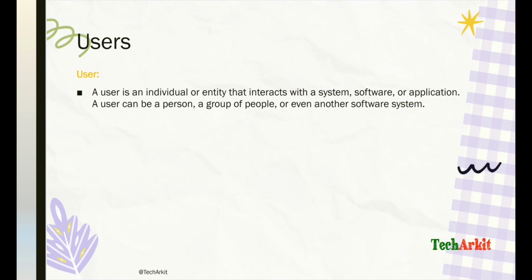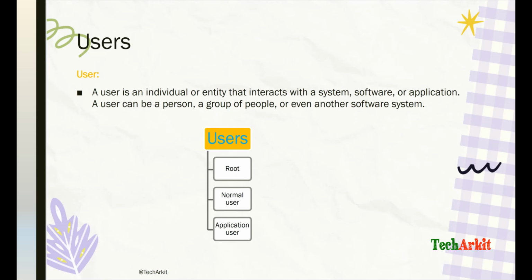An example of another software system: the EC2 instance wants to write some data to S3 buckets. Here there is no person involved. The EC2 is a software system that wants to write some data to the S3 bucket. So that is programmatic user access. That's why you can say even another software system is a user.